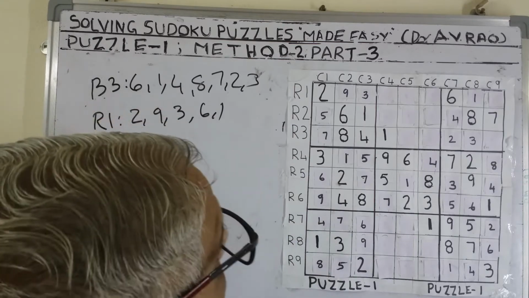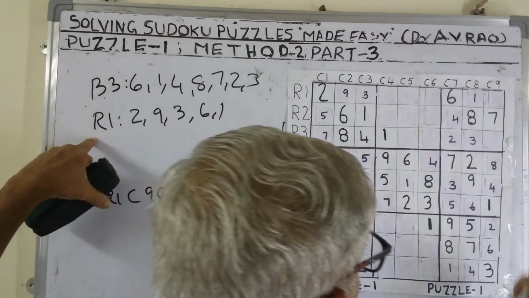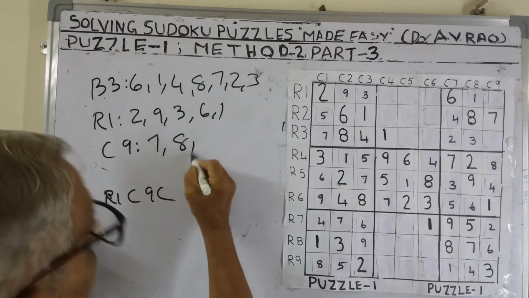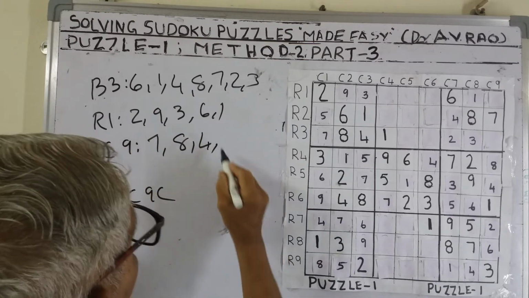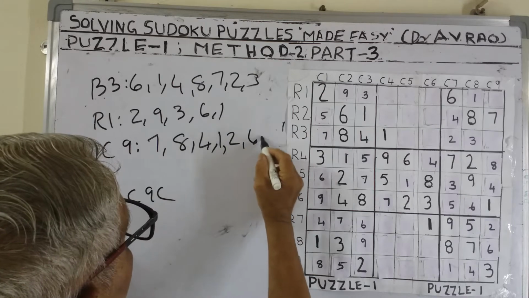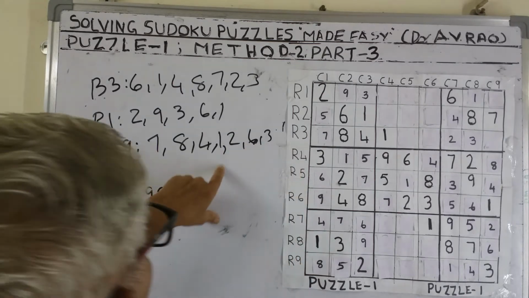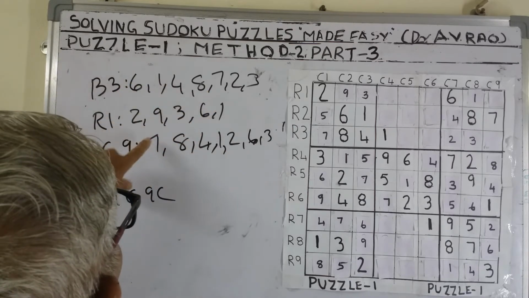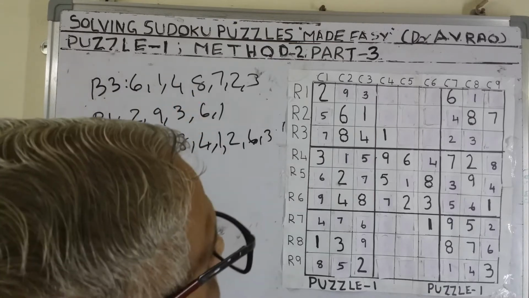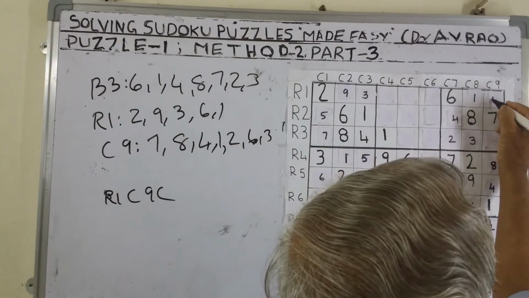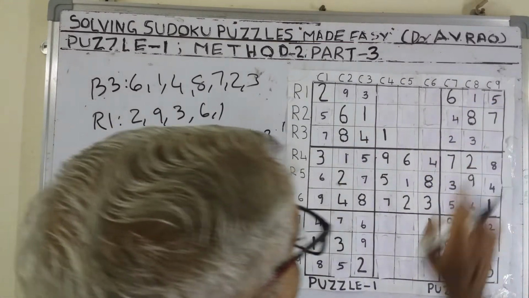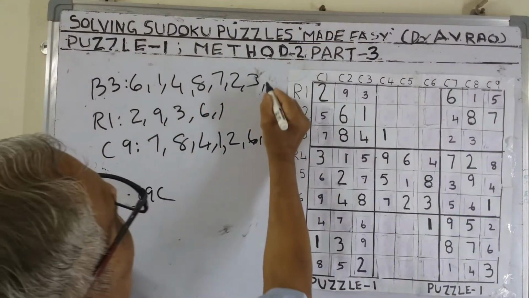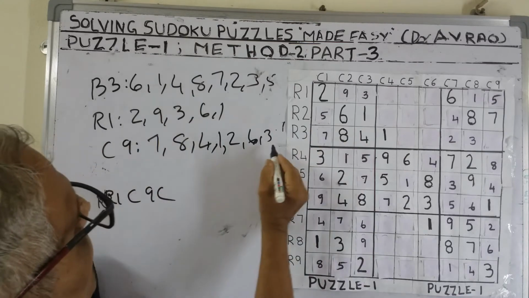Now let us take column C9: 7, 8, 4, 1, 2, 6 and 3. So 1 is there, 2 is there, 3 is there, 4 is there, 5 is not there at all, 6 is there, 7 is there, 8 and 9. Let us fill it up with 5. Now there is only one cell left in box 3. So in box 3 and also in C9 another number has been added, 5.